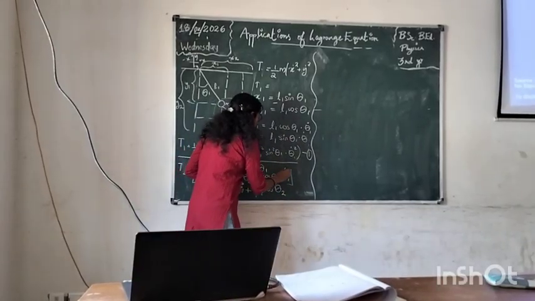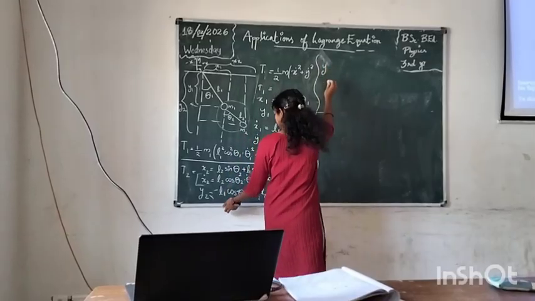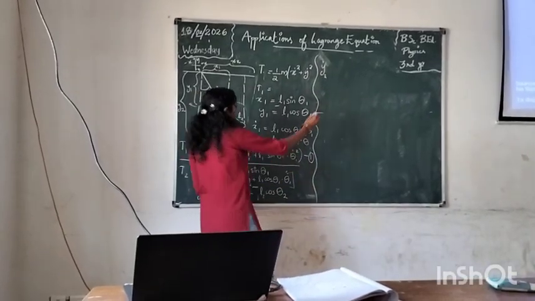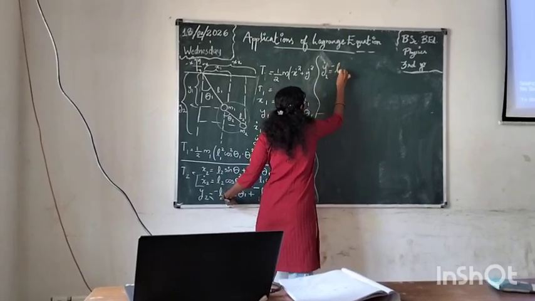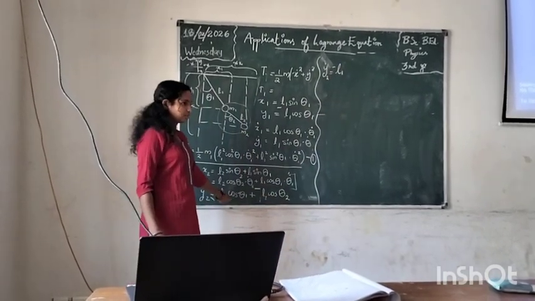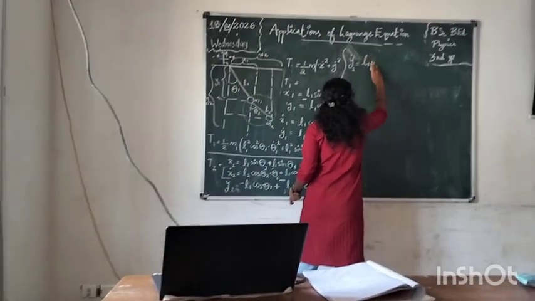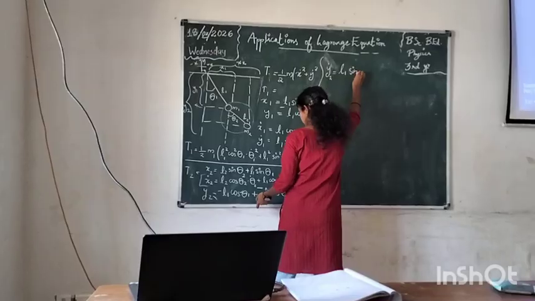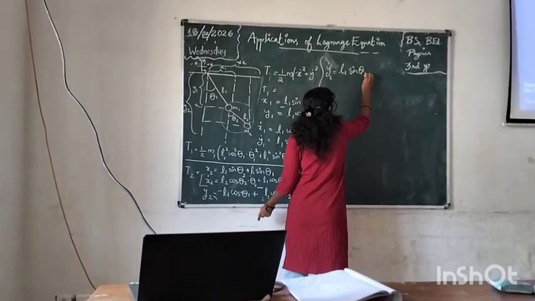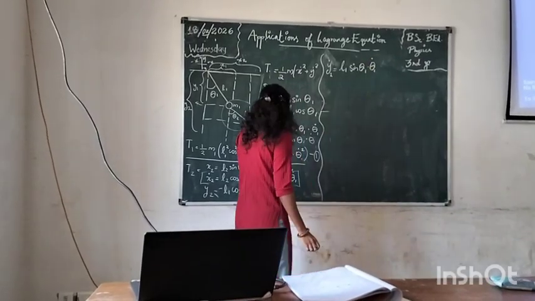In the same way we will have our y2 dot also. y2 dot will be equal to minus, L1, minus of minus, that means for cos it will be sin, so it will be L1 sin theta 1 into theta 1 dot.